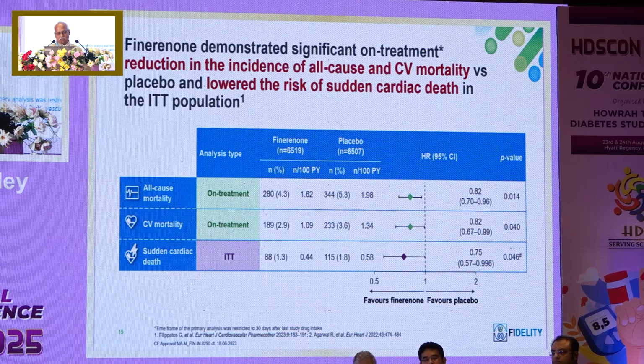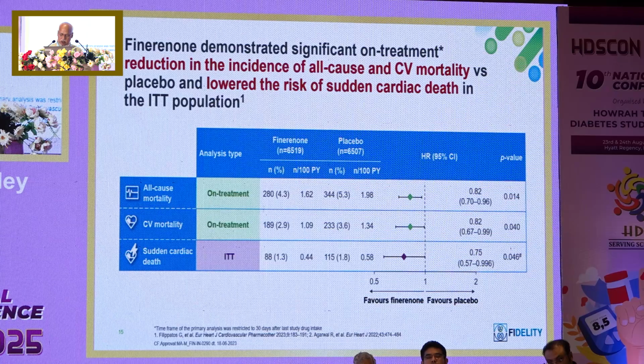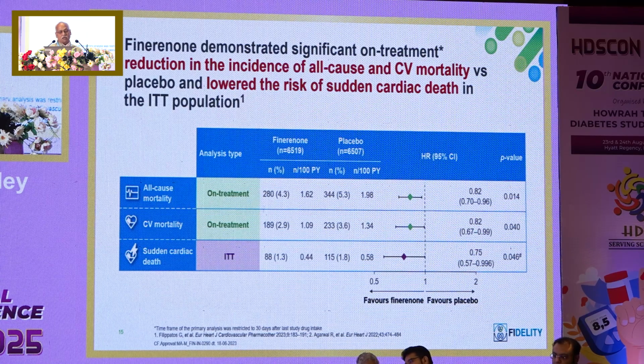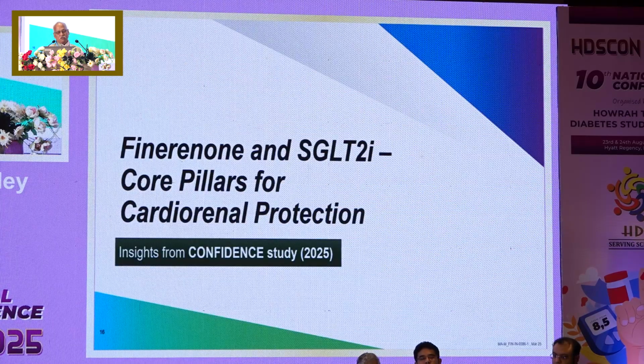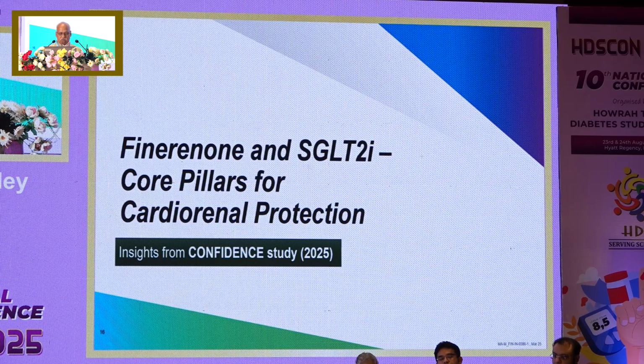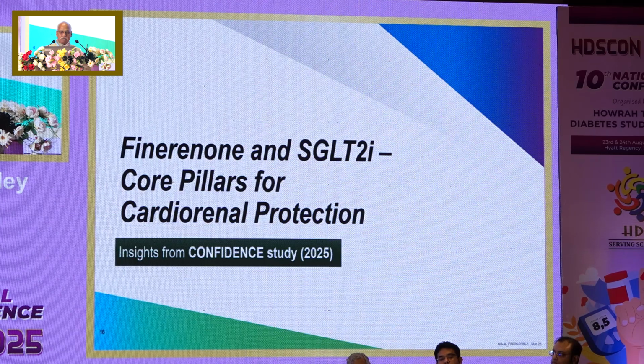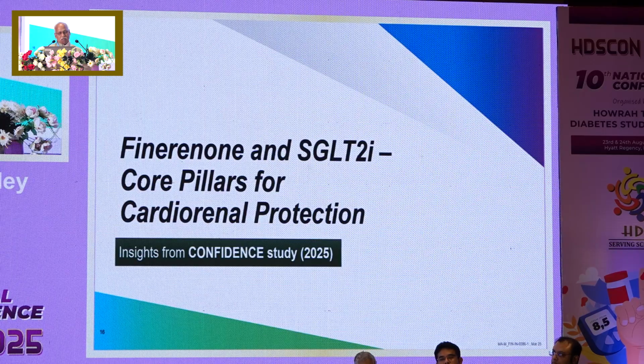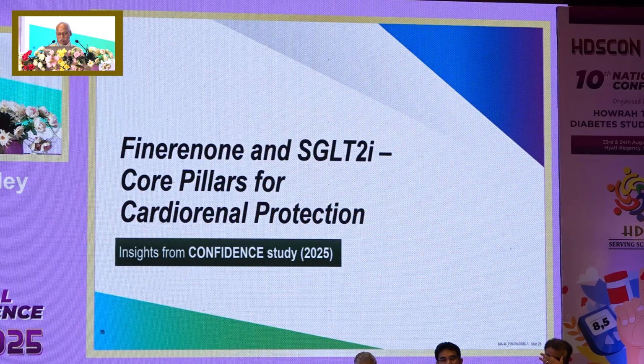Even if you analyze by intention to treat or on treatment, there will be a reduction in not only cardiovascular mortality, but also total mortality, heart failure hospitalization, and worsening of renal parameters. So this is the CONFIDENCE study which was published a few months back. Those patients who are on RAS blockade, either ACE or ARB, and on SGLT2 inhibitor, were combined with non-steroidal MRA Finerenone. I will show you the result.